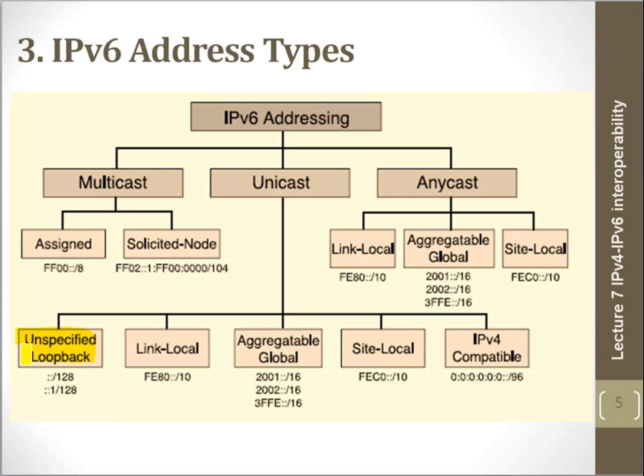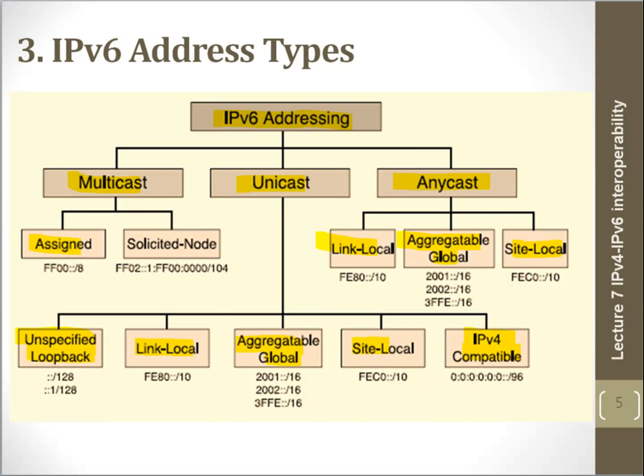The first type is unspecified, loopback, link local, aggregate global, site local, IPv4 compatible. These are all the unicast addresses. In multicast we have two, one is the assigned and the second is solicited node. For anycast, we have 3 different types: link local, aggregate global and site local. So these are the different types of IPv6 addresses.